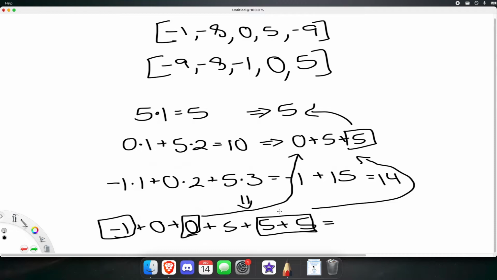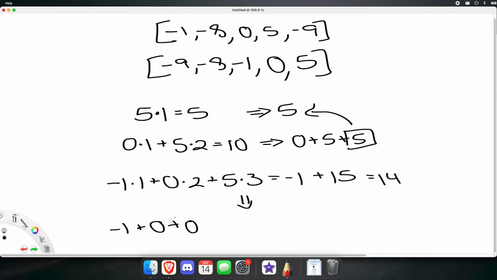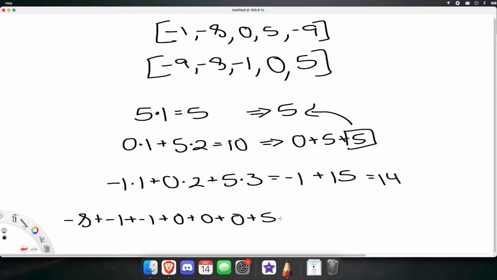So let's continue and let's go with the -8. Let's say we did include the -8. Well, the -8 would have resulted in -8 plus -1 plus -1 plus 0 plus 0 plus 0 plus 5 plus 5 plus 5 plus 5.